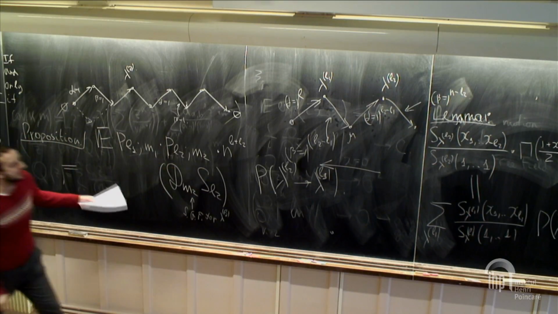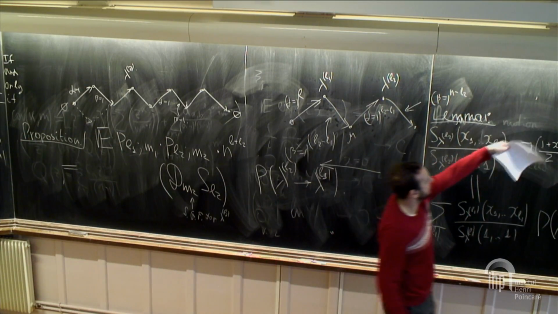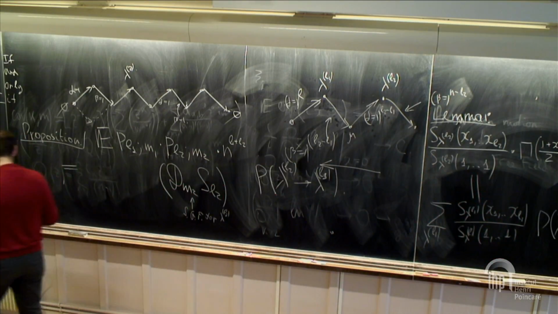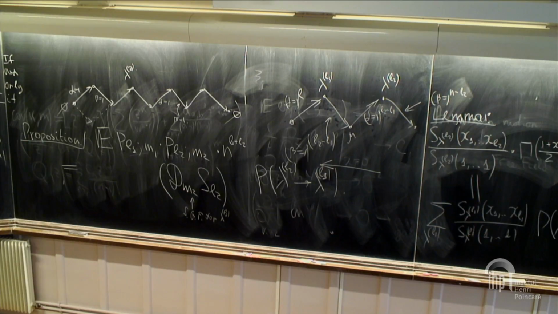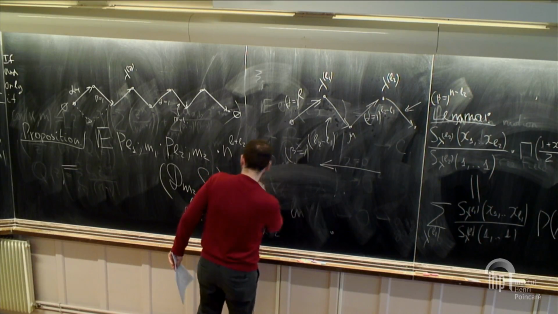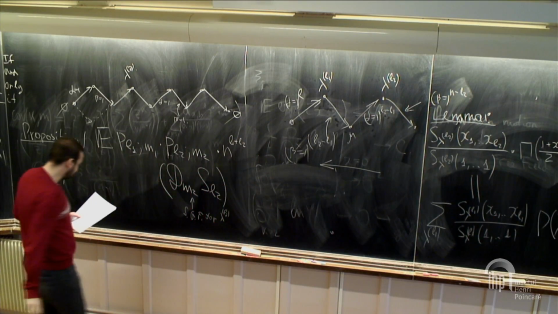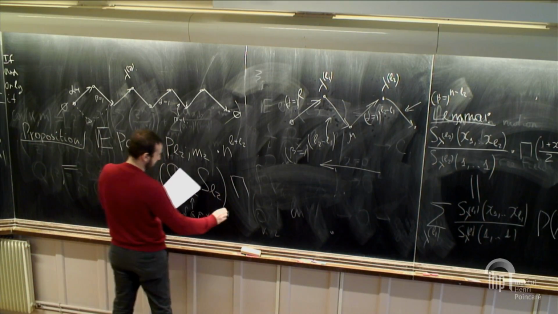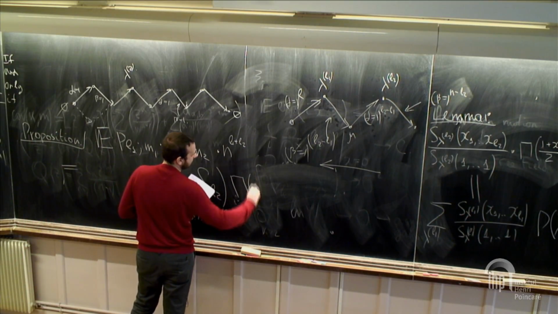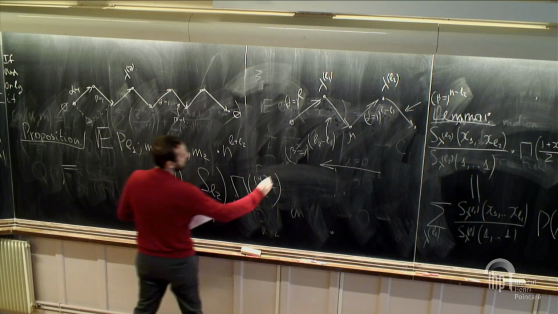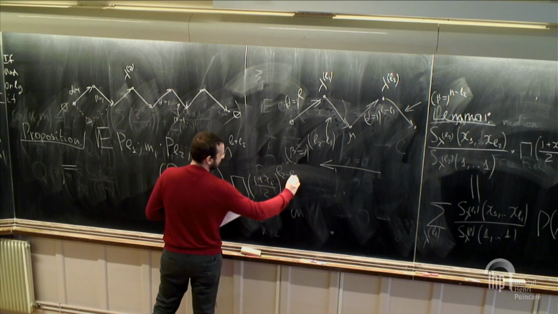And as we know, that is again some power of this guy, product of (1 plus xi) over 2 raised to some power. That's the first step. Then you take the result, you multiply it by the product of (1 plus xi) over 2 raised to the power L2 minus L1.